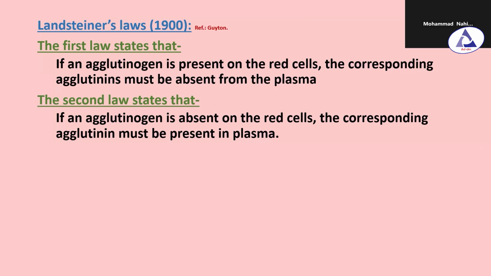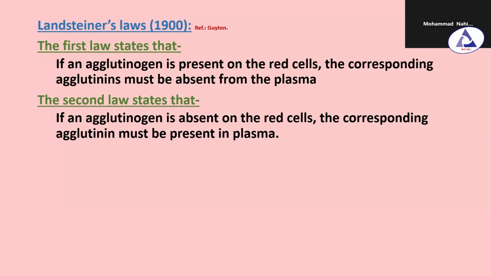According to the second law, if an agglutinogen is absent, that means B antigen is not present on your red cell membrane, then the corresponding agglutinin for B antigen, which is beta antibody, must be present in plasma.